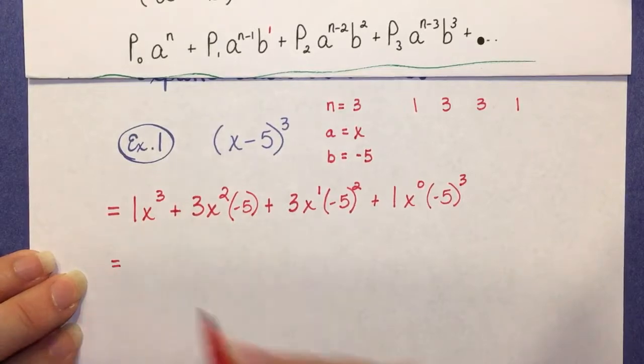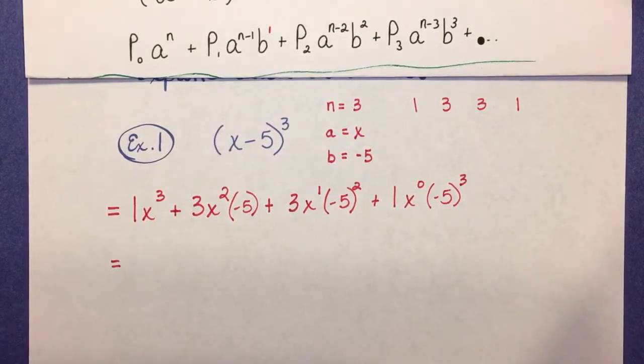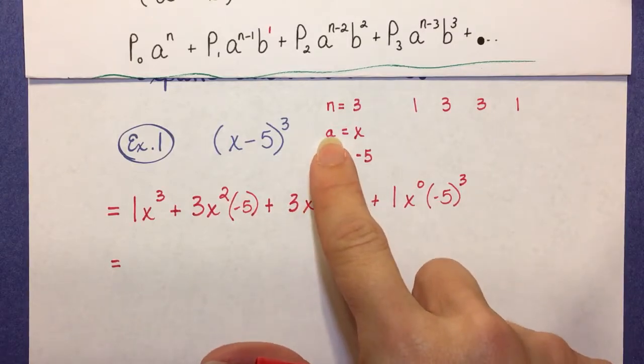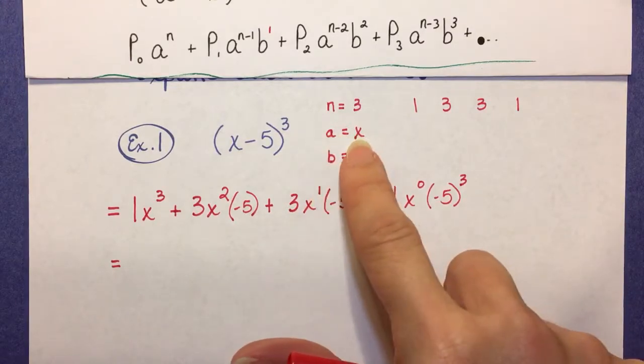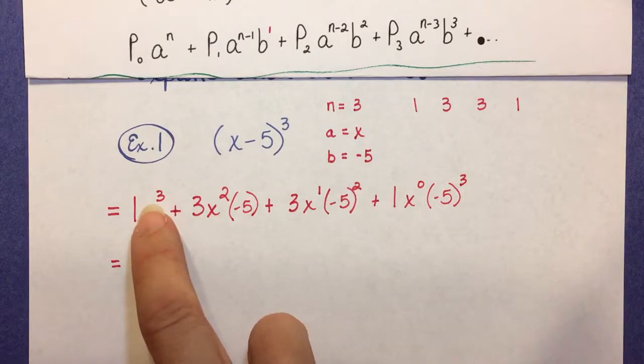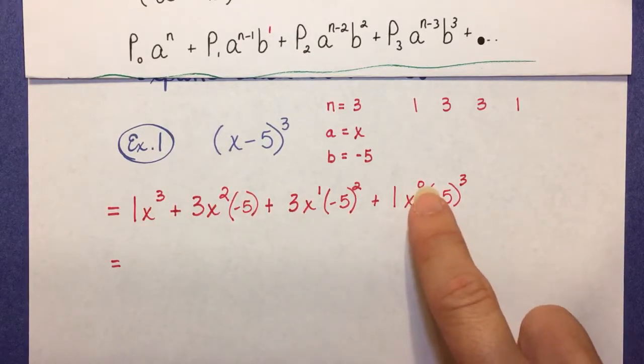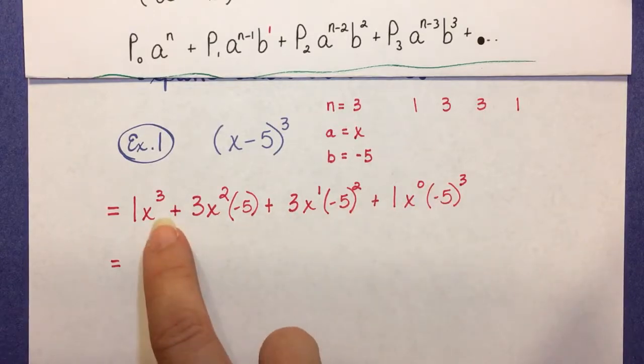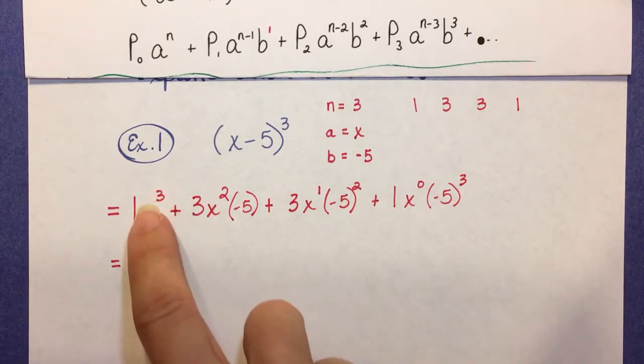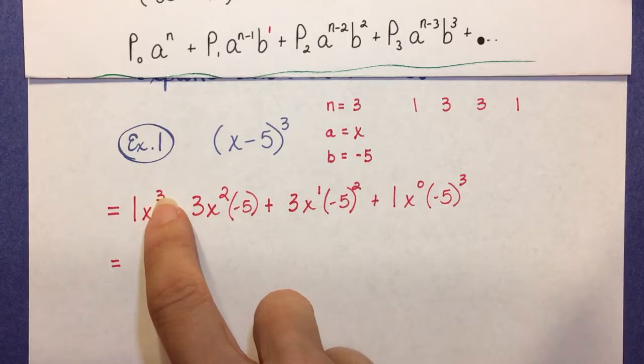Now, I want you to look at the pattern. Look what has happened to what they refer to as a, in this case, x. You have third power, second power, first power, 0 power. So what happens is you start out with your a and raise it to whatever power is necessary for the problem.